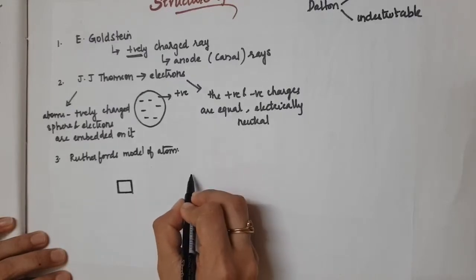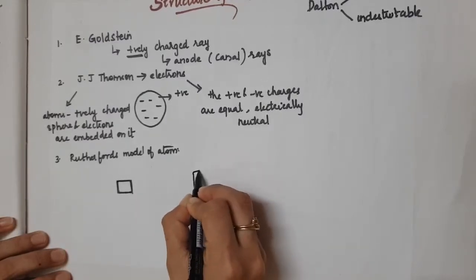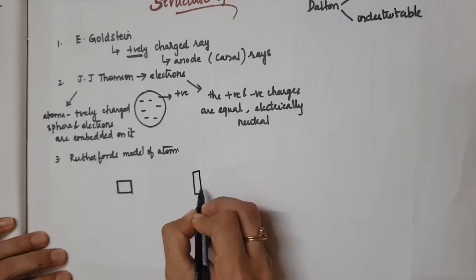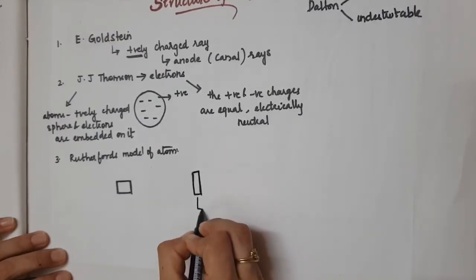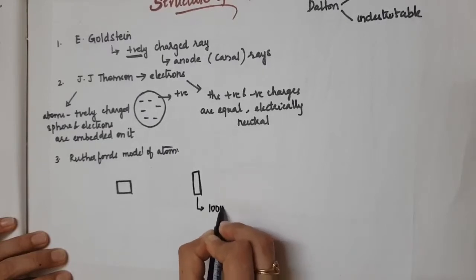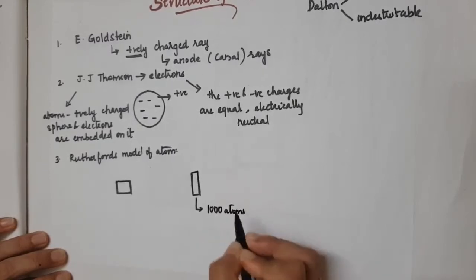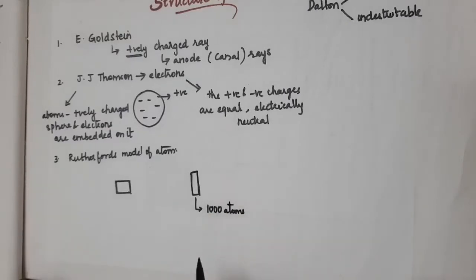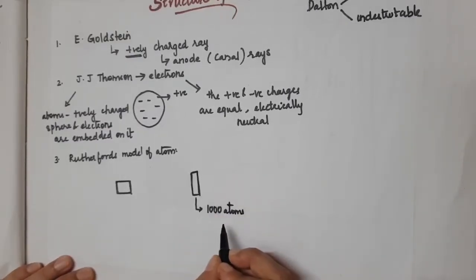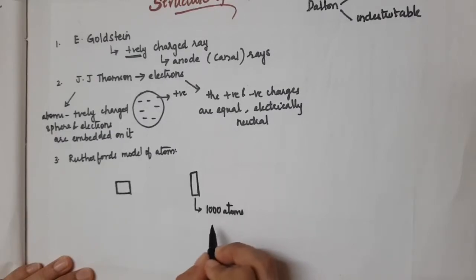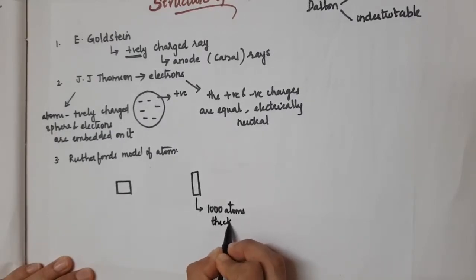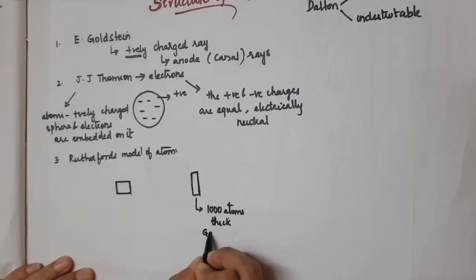He placed a very thin gold foil. It was so thin that it was only 1000 atoms thick. Even Rutherford compared this gold foil to tissue paper. So it was that thin, 1000 atoms thick.